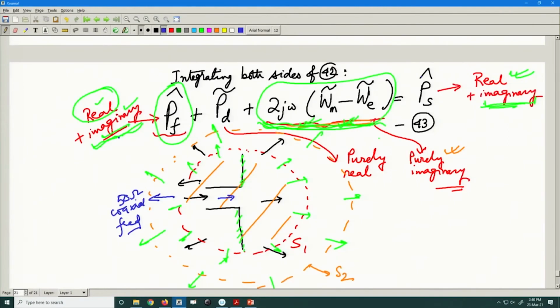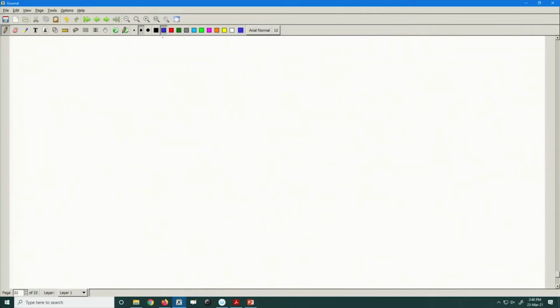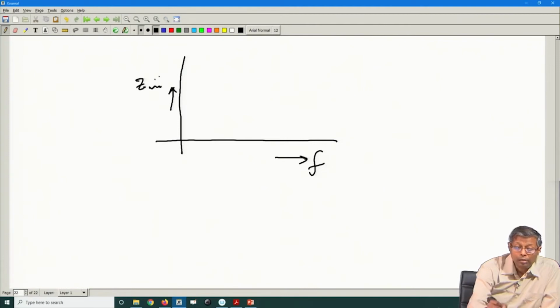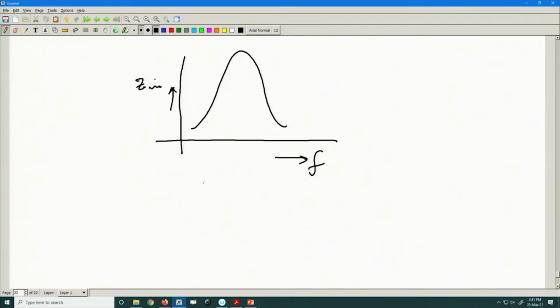So, we told you that this matching problem is something like this. Let us rub this part.